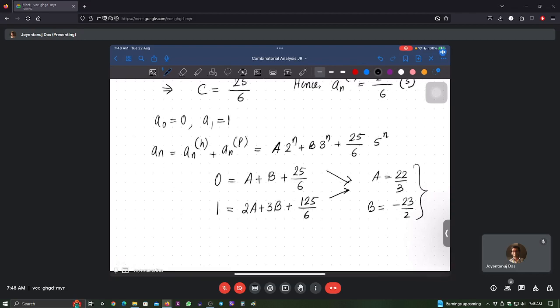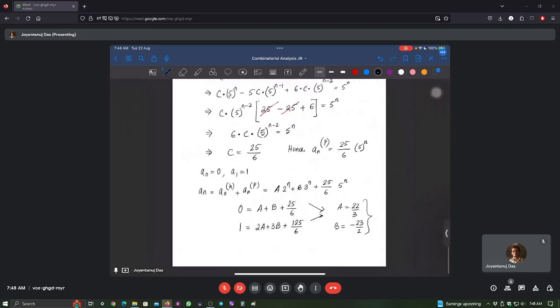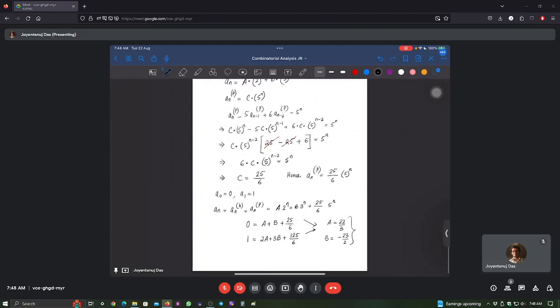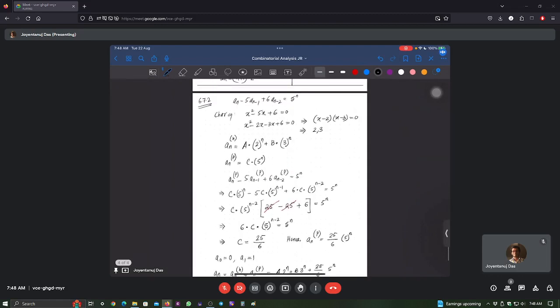But the idea is to learn how to use the generating function, because only a limited type of functions can be solved using this method: a polynomial, an exponential type of thing, or a combination of both. If it is sine, cosine, or any other function, we don't know how to solve it using the previous section, so we have to use generating functions.